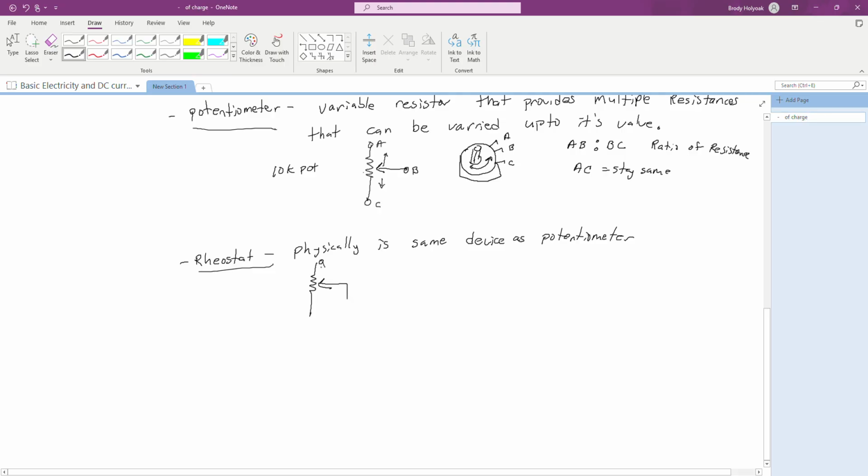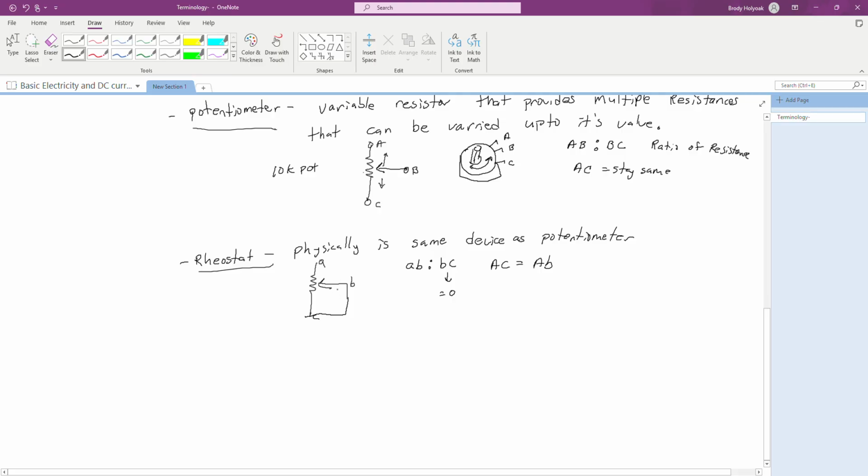So there's point A, here's point B, here's point C. We're going to connect point B and C together. So essentially what happens if we just put a piece of wire there, the ratio of A to B is going to change. B and C is essentially going to equal 0. So this is going to be A to B compared to 0. But then my entire resistance, A to C, is going to change to give us that A to B ratio. So we're using the same device, but using it 2 different ways.